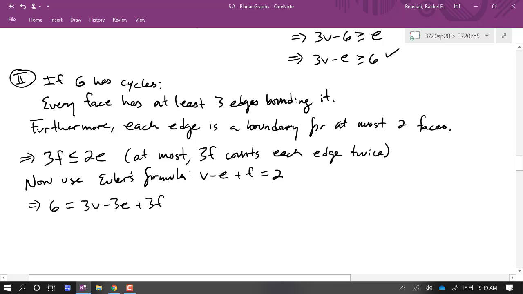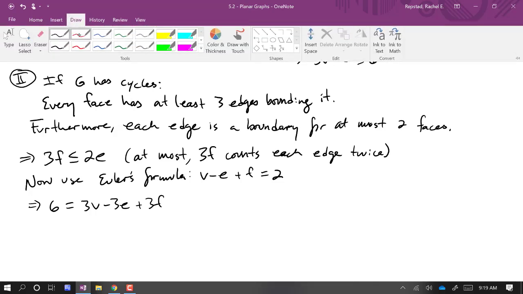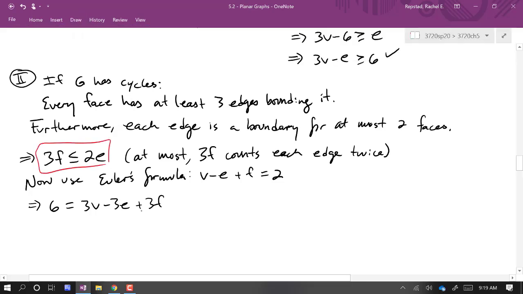Now 3f is less than or equal to 2 times e, right? So I'm going to replace 3f with 2 times e, and when I do that, this equation is going to turn into now an inequality. So this whole expression is less than or equal to 3v minus 3e plus 2e.